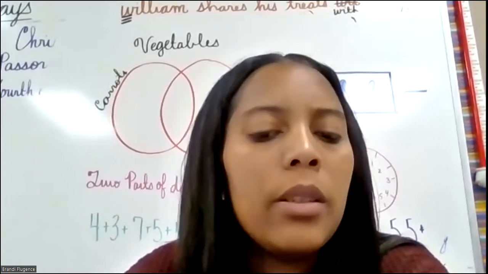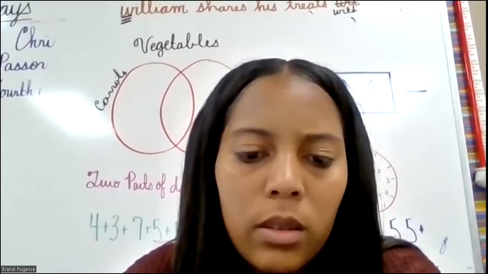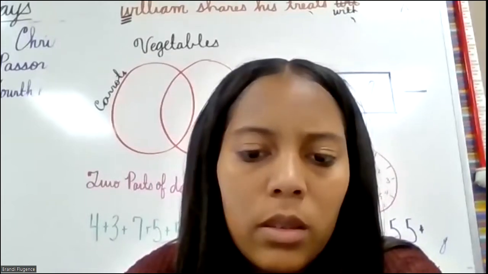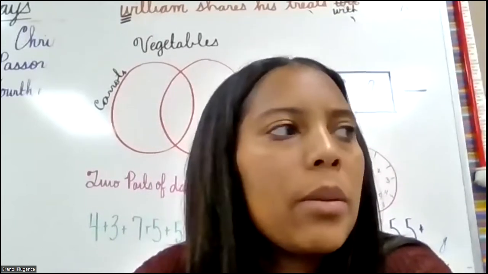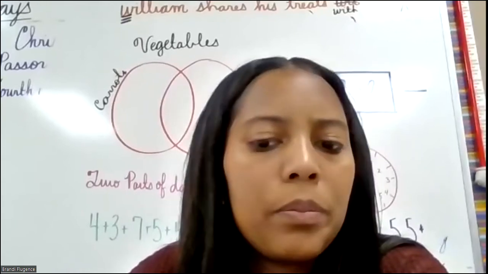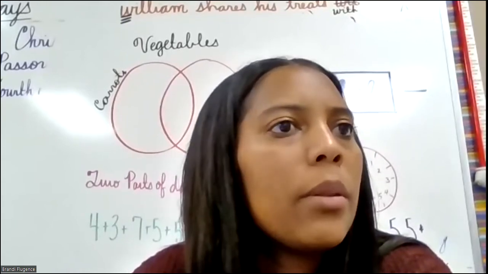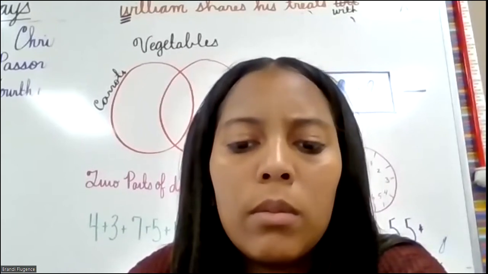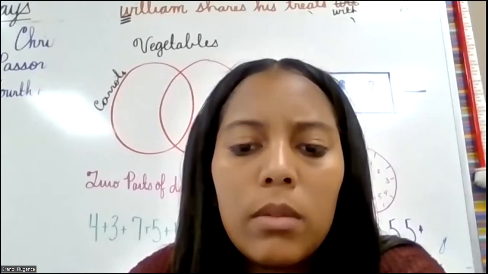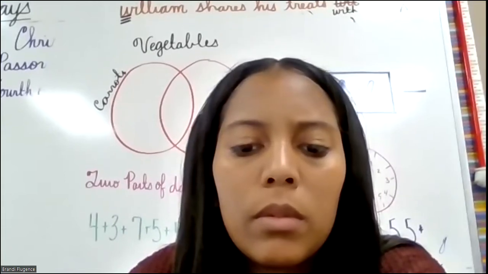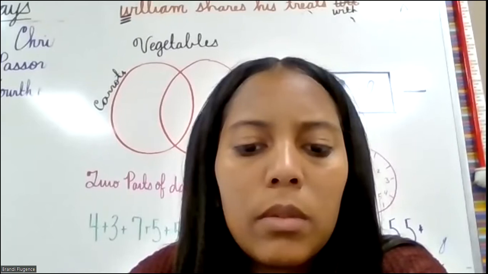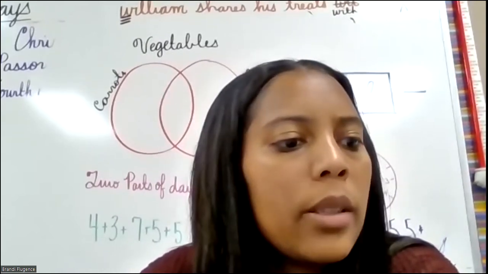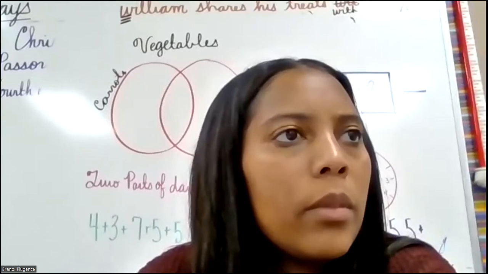I'm sorry. Next one, Kinley. 9 minus 0 equals 9. Faith. 7 minus 0 equals 7. Okay, Joshua, back to you. Last one on the third row. 0 minus 0 equals 0.